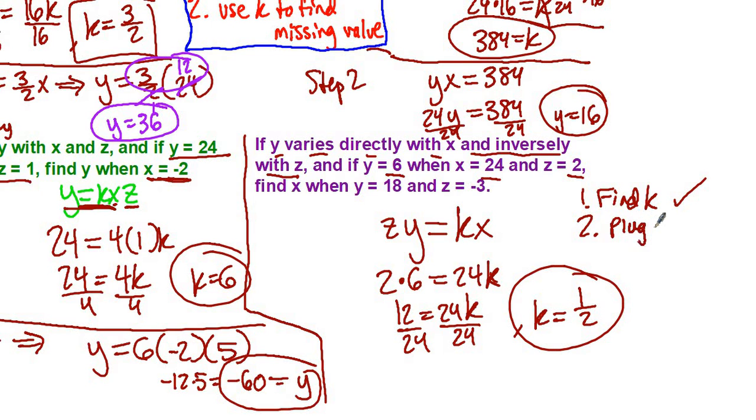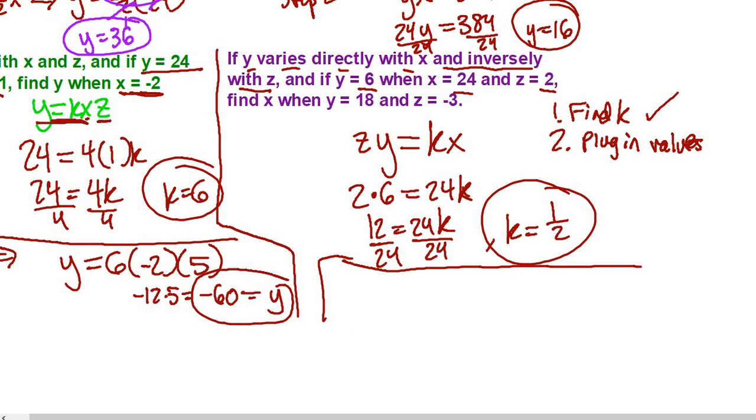Okay, second step is plug in the other values given, using the k that we just found. We're going to use that exact same equation, zy equals kx. That's the one that we needed to use. And we just found out that k is 1/2. What else are they giving us? They're telling us y is 18, z is negative 3.